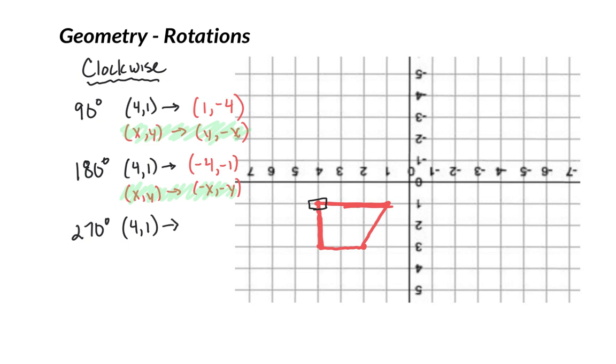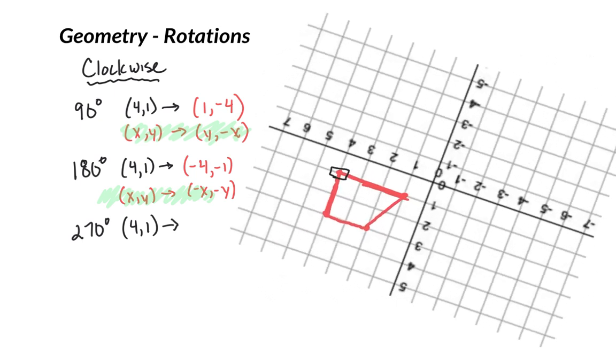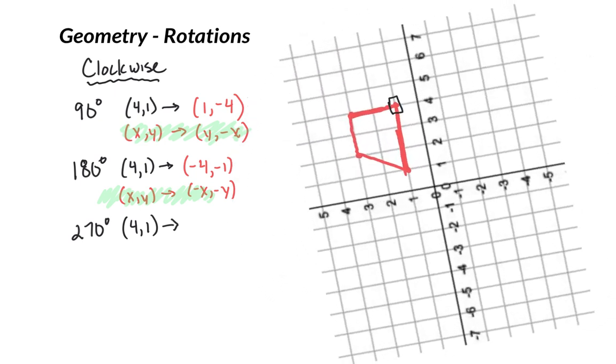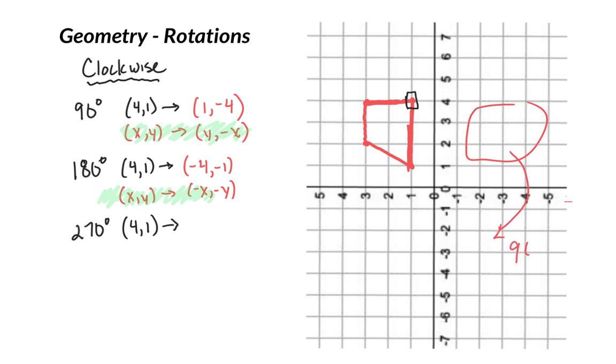All right, let's continue on our way up to 270. Let's do our final rotation to bring it up to 270 degrees. Just as I did this, my shape started over in this quadrant. There was 90 degrees, another 90 made 180 degrees, and now another one made 270 degrees.